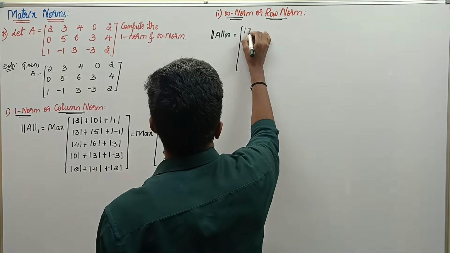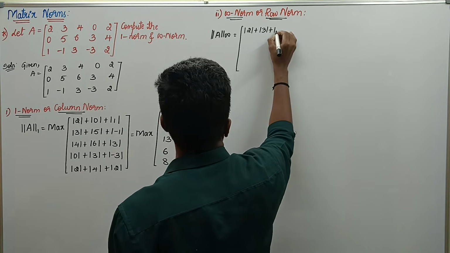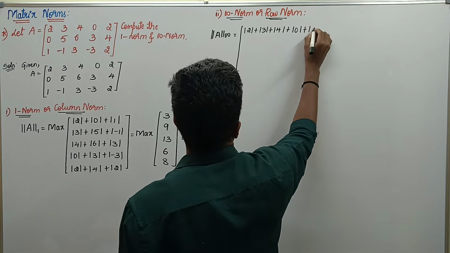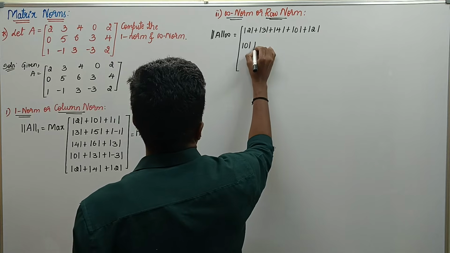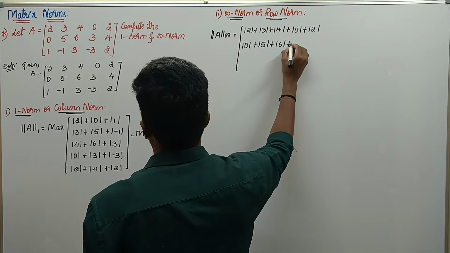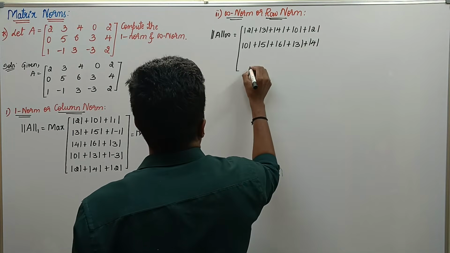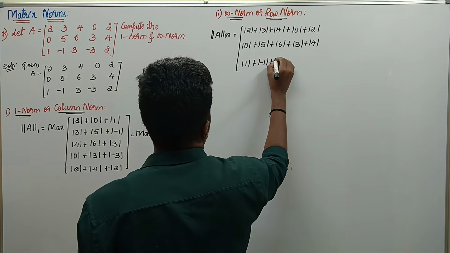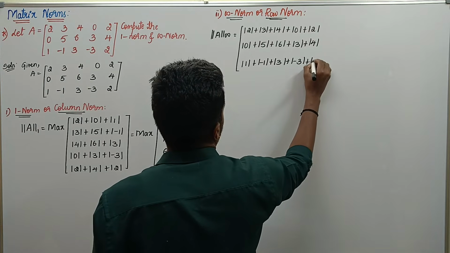That is modulus 2 plus modulus 3 plus modulus 4 plus modulus 0 plus modulus 2. Then modulus 0 plus modulus 5 plus modulus 6 plus modulus 3 plus modulus 4. The last row, modulus 1 plus modulus minus 1 plus modulus 3 plus modulus minus 3 plus modulus 2.